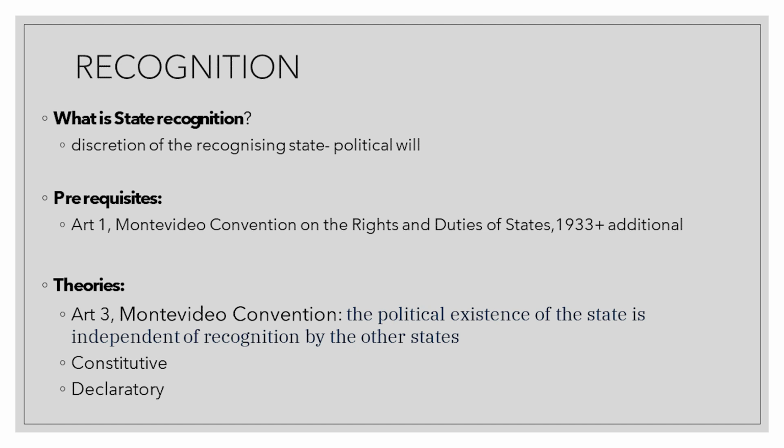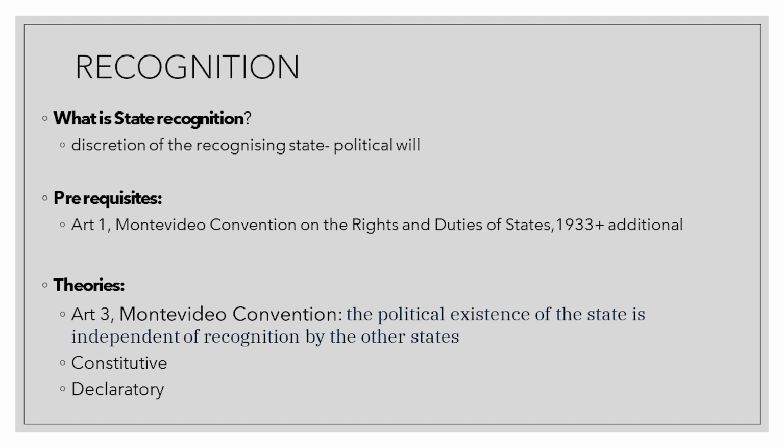Article 3 says that the political existence of state is, of course, there, and it is not dependent upon the recognition by other states. So whether or not other states of the world recognize a new state as a state, that new state definitely has become a state, right?